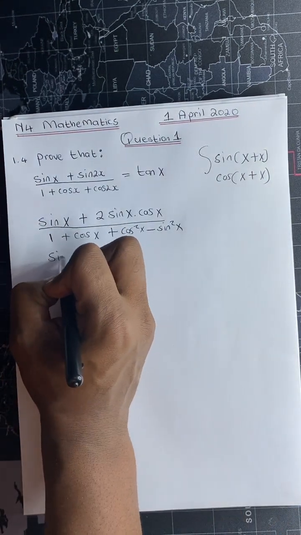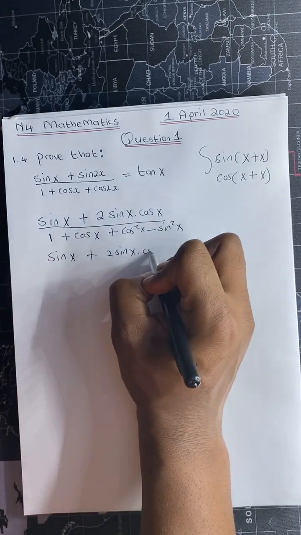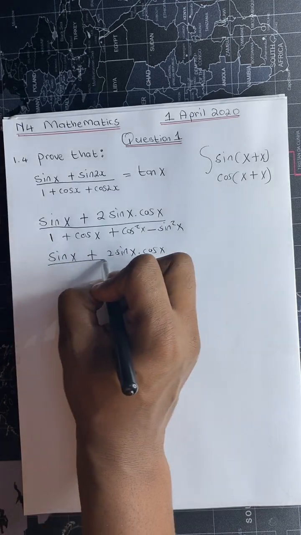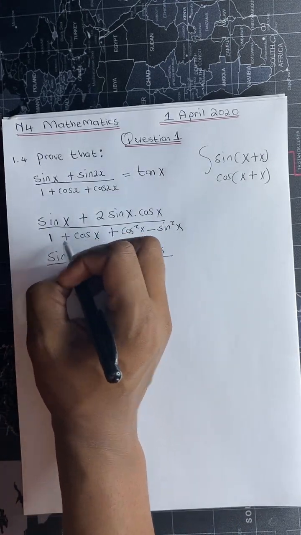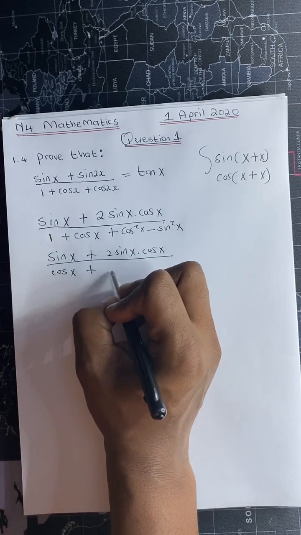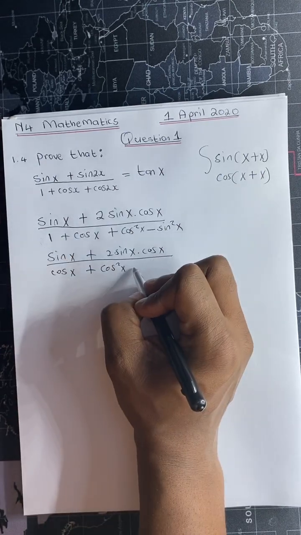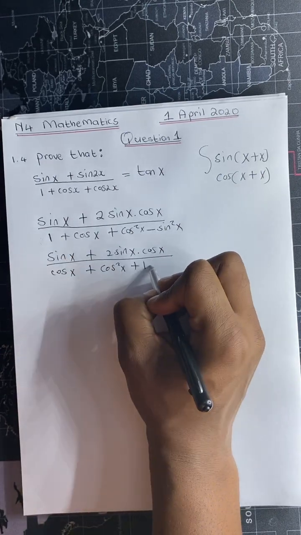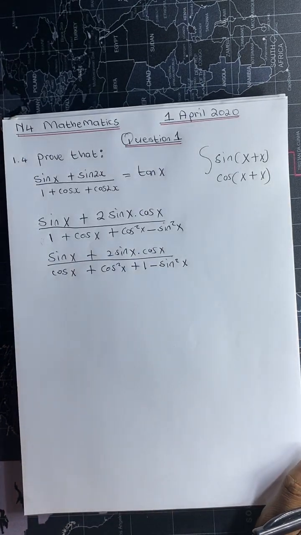So we'll have sine of x plus 2 sin x cos x, all divided by, let's not write that one for now. Let's write this cos x plus cos squared x, and then now we write this one, plus 1 minus sin squared x. We also use our formula.